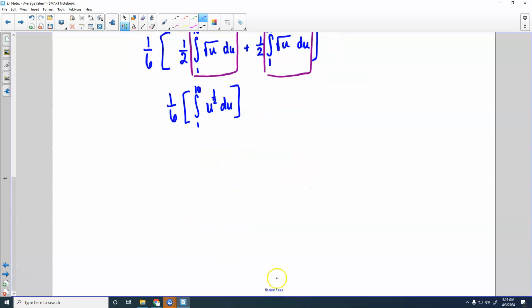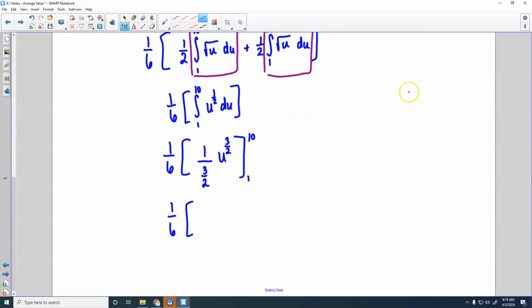So now I'm down to pretty basic integration here. I need to integrate u to the 1/2. I'm going to increase my exponent by 1, which will be 3/2. I need to divide out front, so there's a 1 there, by 3/2. And this will be from 1 to 10.